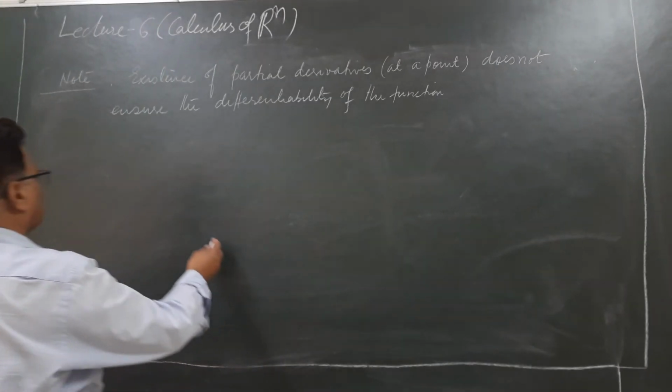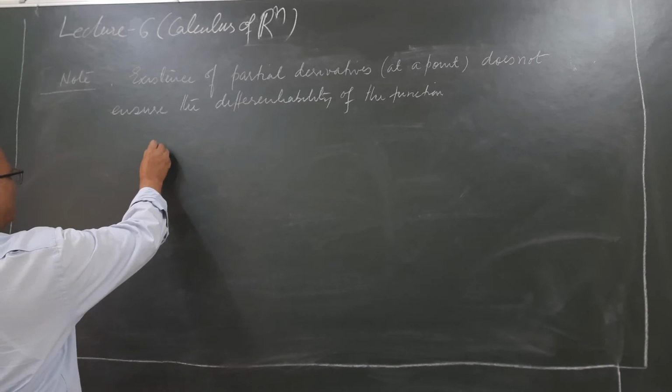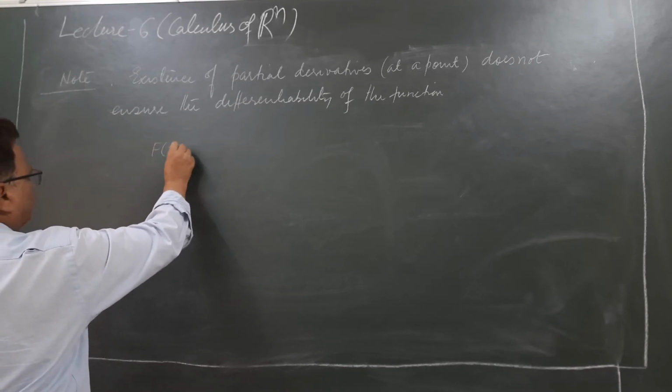So one of the counter examples is, for example, you can think of a function of two variables f(x,y).